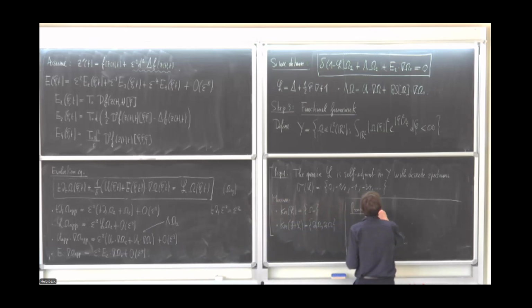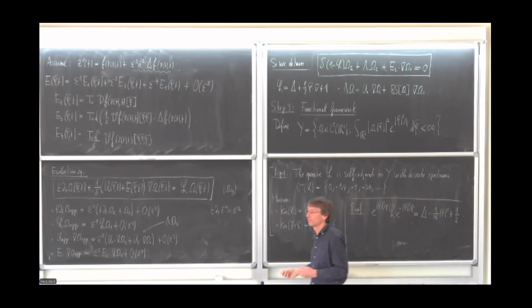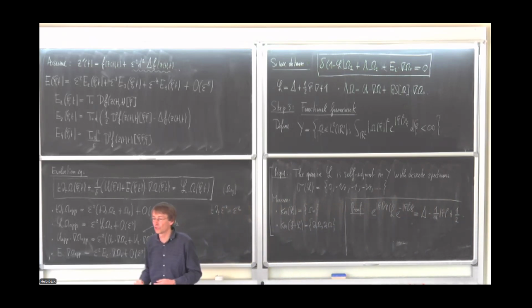So we do the calculation e to the psi squared over 8 times L times e to the minus psi squared over 8, just conjugating with the square root of the weight, and this is Laplacian minus 1/16 psi squared plus 1/2, and this is a harmonic oscillator. End of the proof. All the properties are just standard properties of the harmonic oscillator.